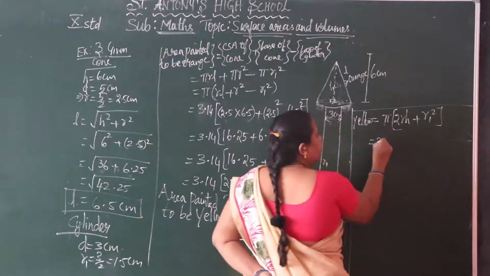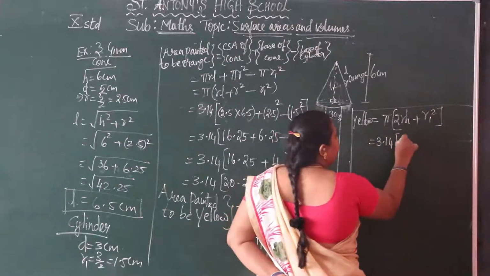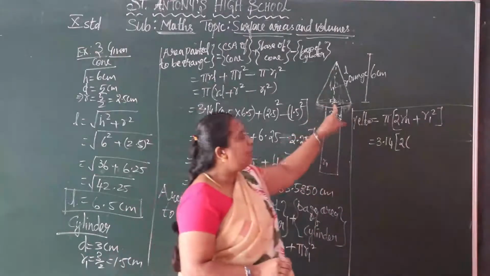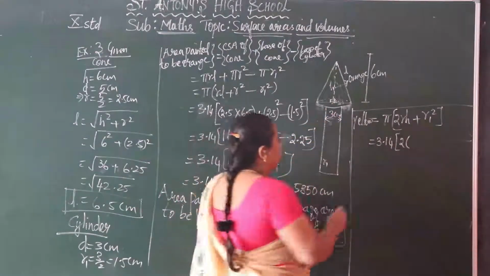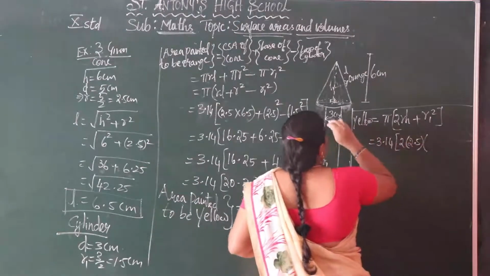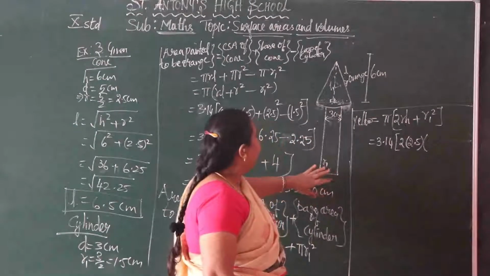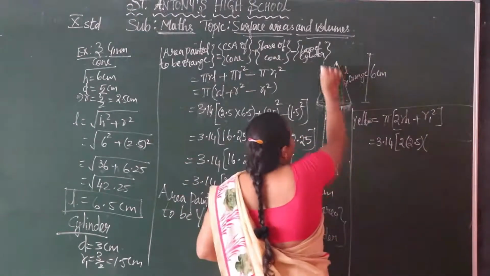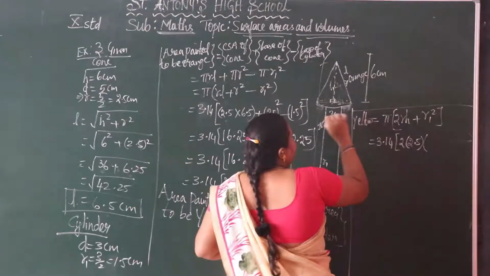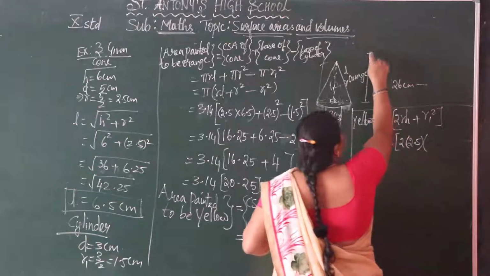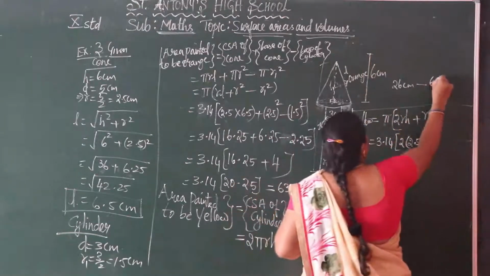Now we have to substitute the values. Pi value 3.14 into 2 into r. What is the value of r here? 2.5 centimeter, into h. What is the value of h? We didn't find h yet. The total height of the toy rocket is 26 centimeter, minus the height of the cone, 6 centimeter.